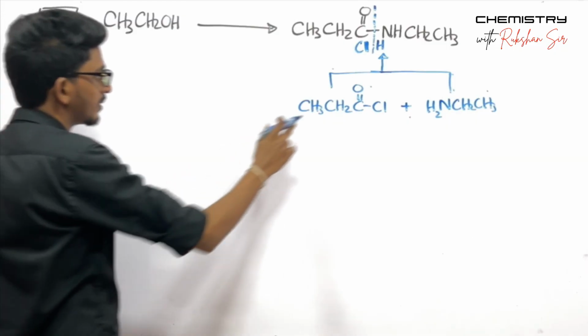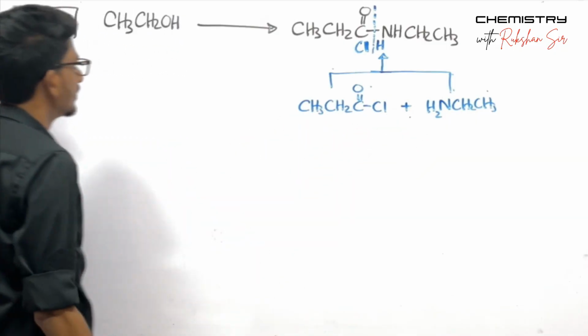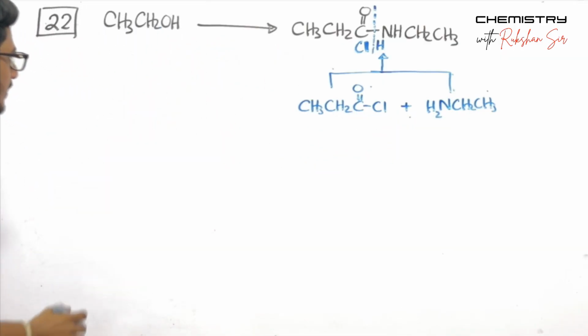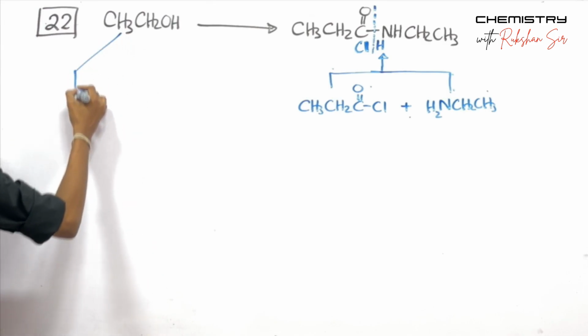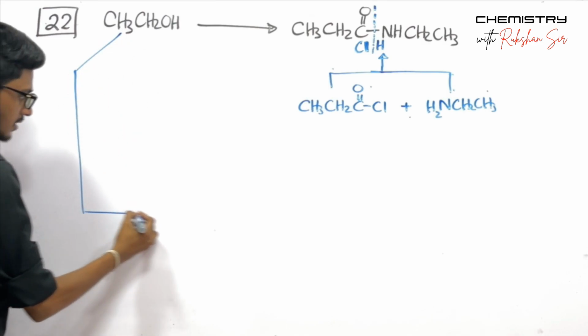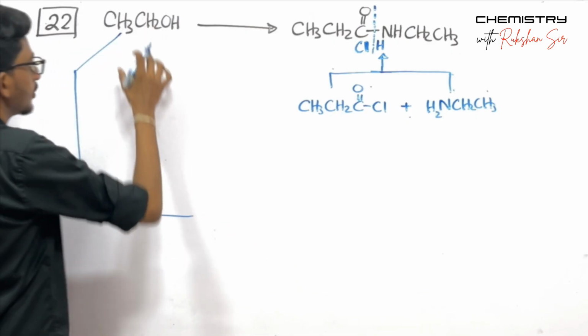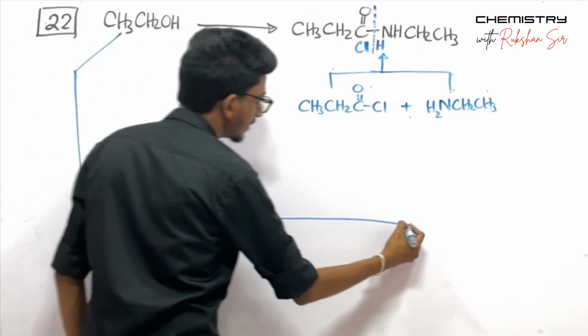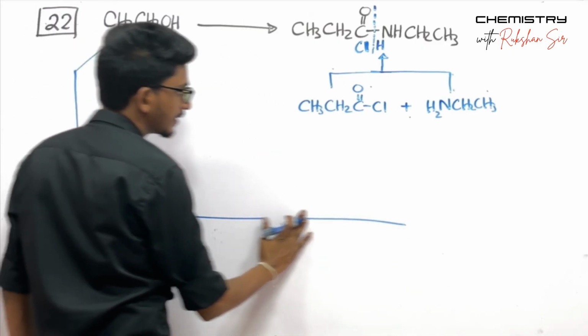So this is a 3-carbon compound. This is a 2-carbon compound. It is very easy to form a 2-carbon compound from a 2-carbon compound, right? Very easy stuff. But the OH needs to be converted to NH2, and that can be done, right?